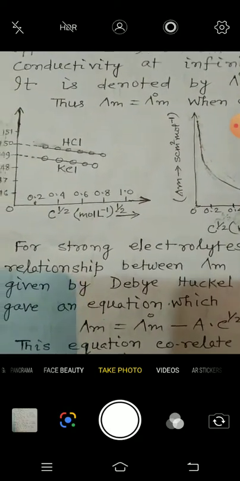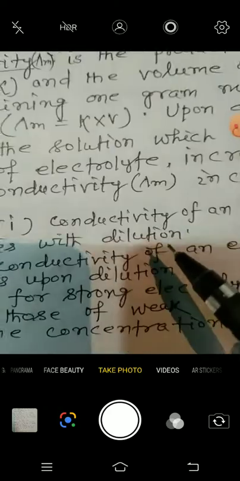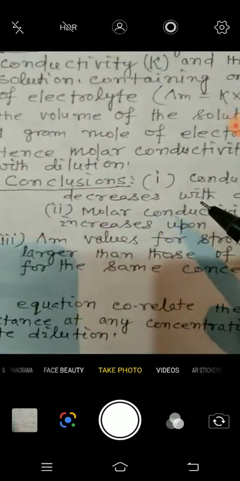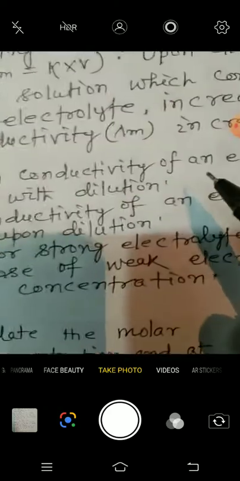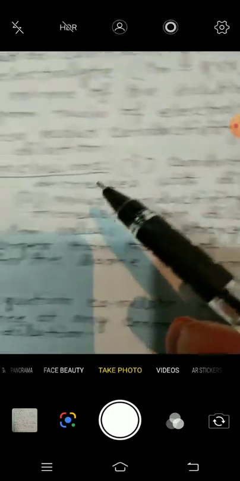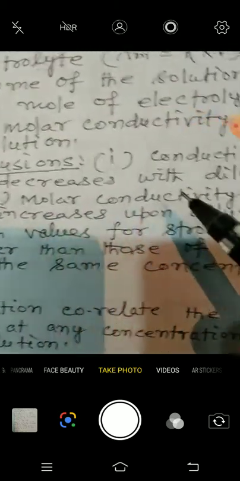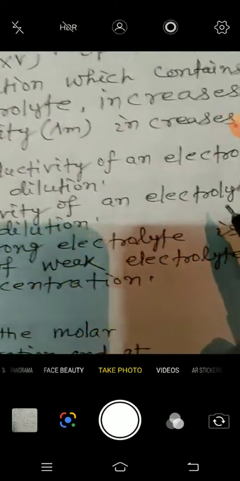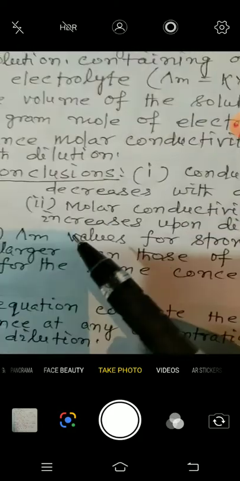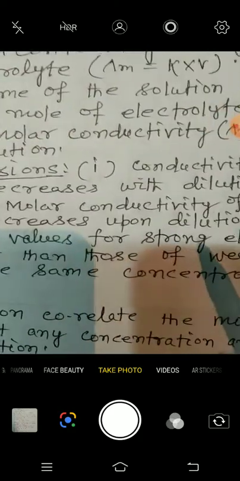And that day you learnt, in conclusion, that conductivity of an electrolyte decreases with dilution, but molar conductivity of an electrolyte increases upon dilution.